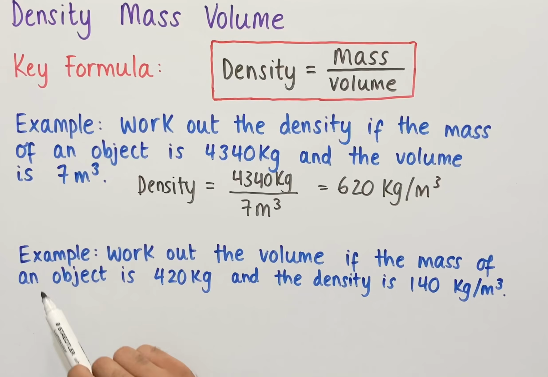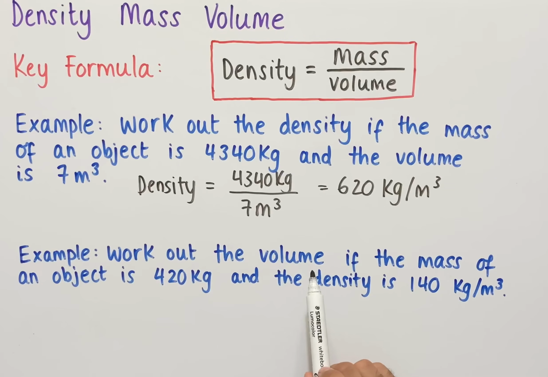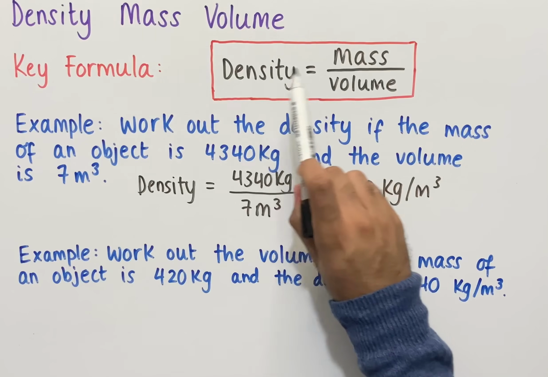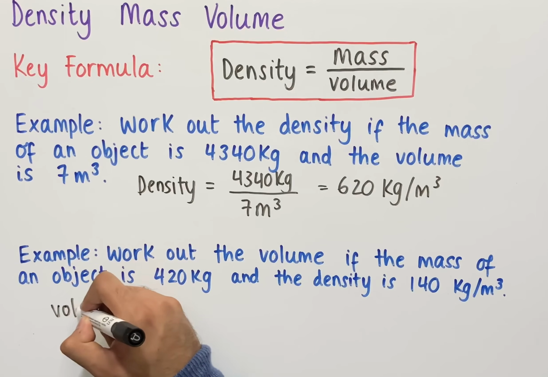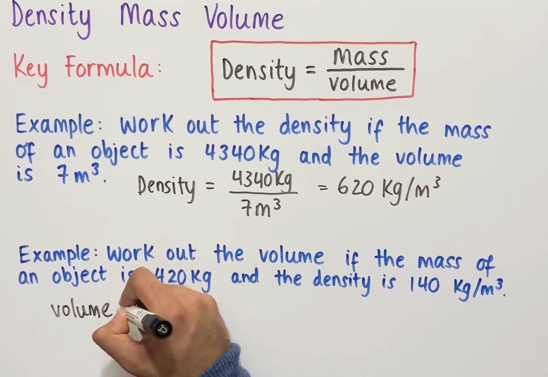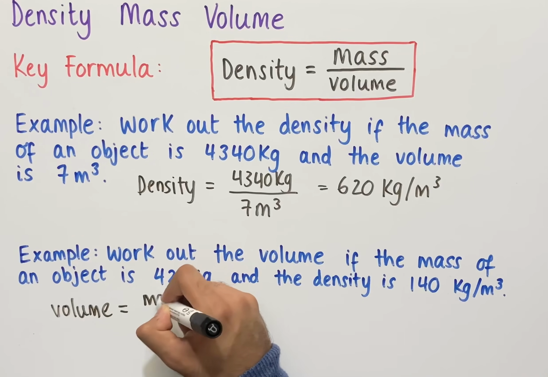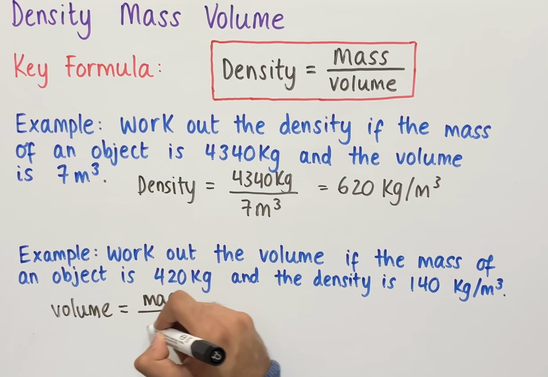So the final example says work out the volume if the mass of an object is 420 kilograms and the density is 140 kilograms per meters cubed. So since we're trying to work out the volume, we need to rearrange this formula so that volume is the subject. If we do that, we get that the volume equals the mass divided by the density.